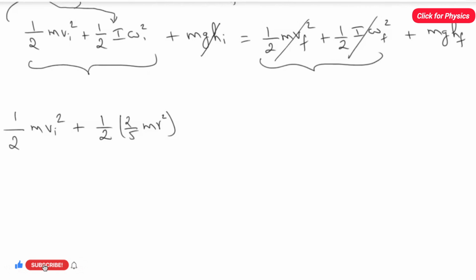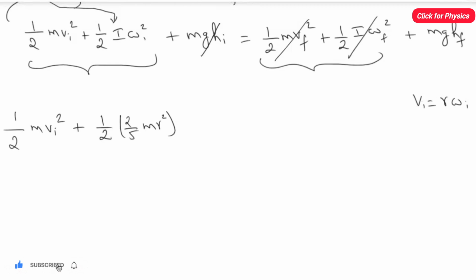Then the omega value, that is the initial angular speed, is not given, but we studied the relation between the linear speed and the angular speed, which is vi equal to r omega I. So the initial speed is equal to r multiplied by the initial angular speed, right? I have to use this rule to replace omega in terms of v.